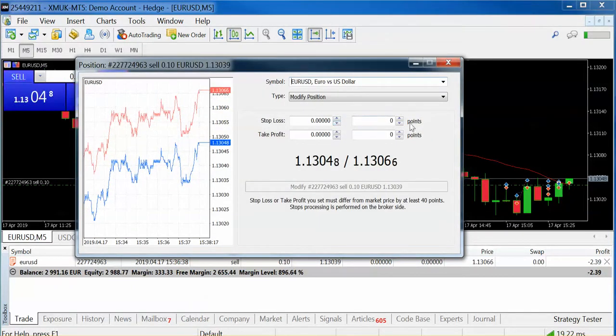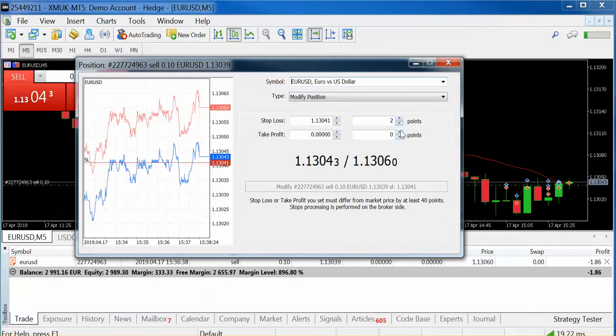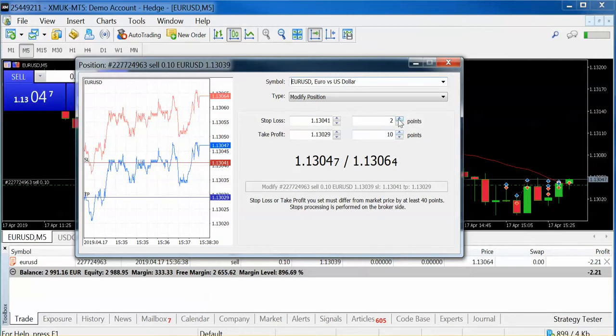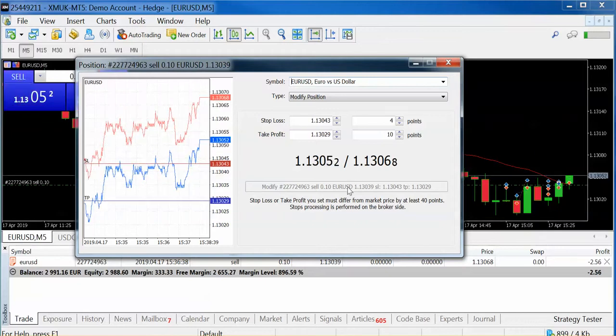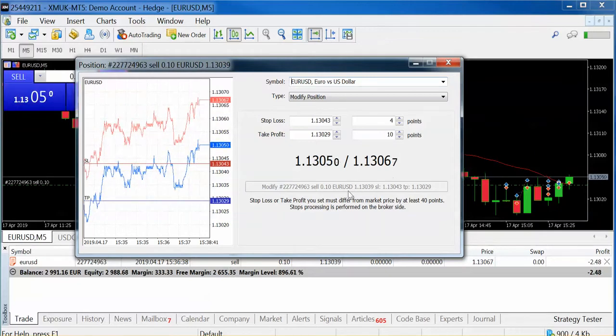We're going to go 2 points risk. We're going to go 10 points profit and 4 points risk. Oh, okay, I see what happens. If you're not far enough away, this will not light up. When this lights up, you can click it.